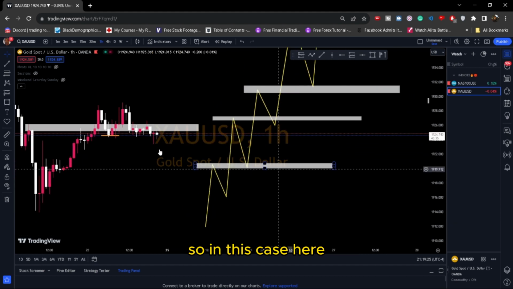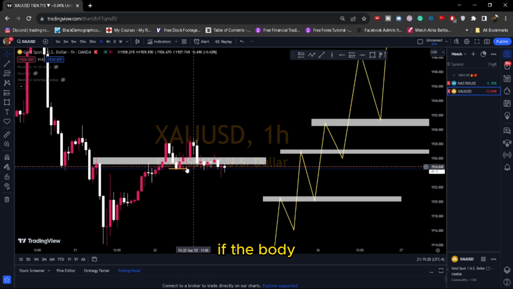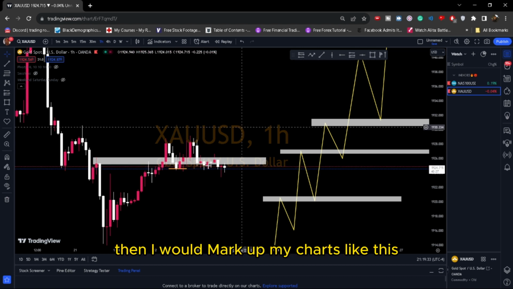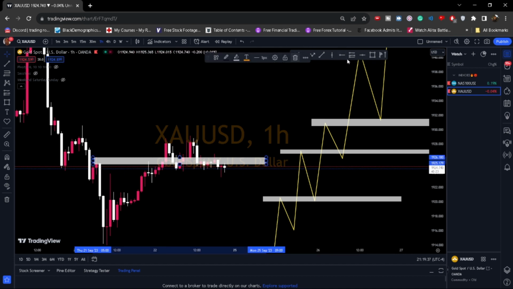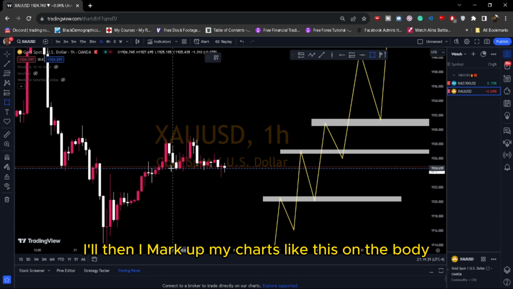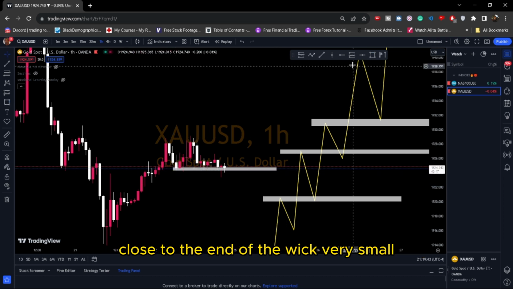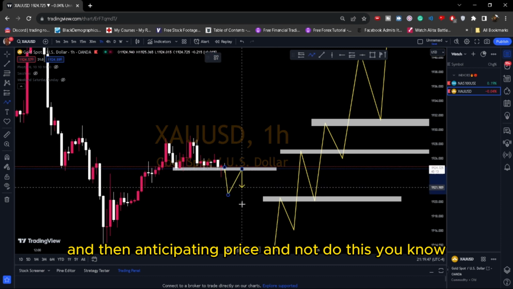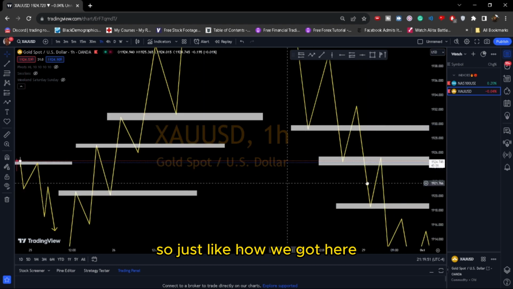So in this case, if the body does close below here, I would mark up my charts like this. I will show you real quick. I'll then mark up my chart like this from the body close to the end of the wick, very small, and then I'm anticipating price will now sell, just like how we got here.